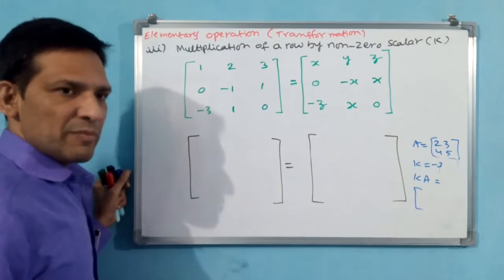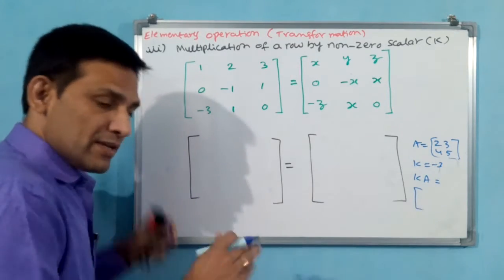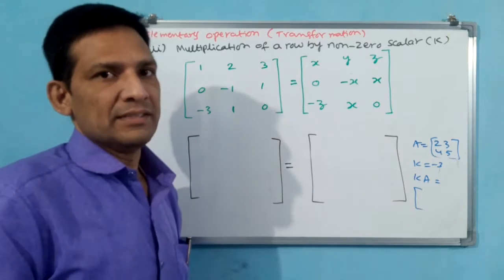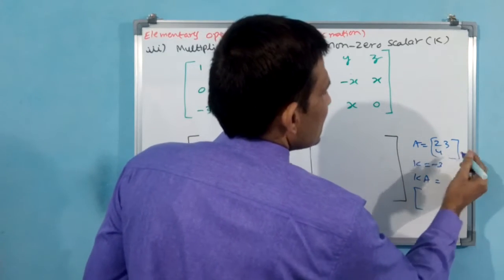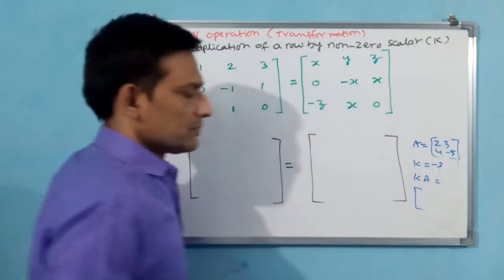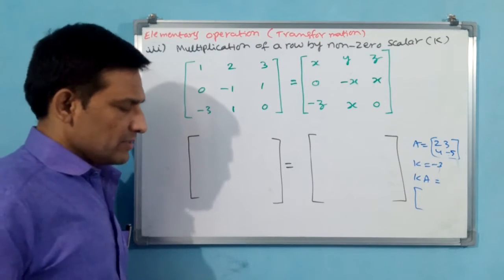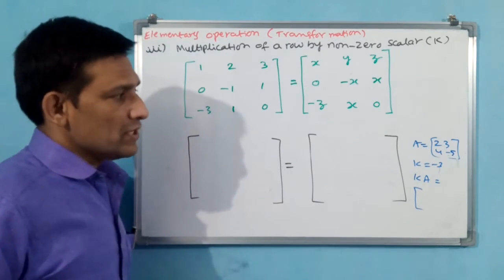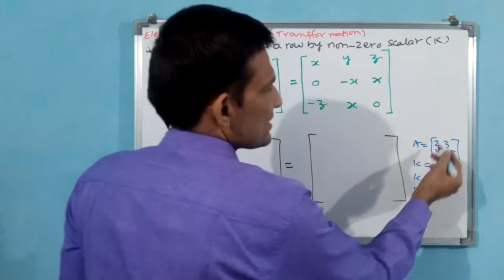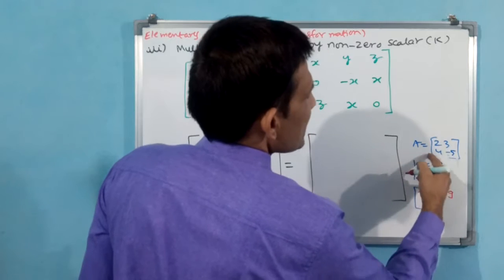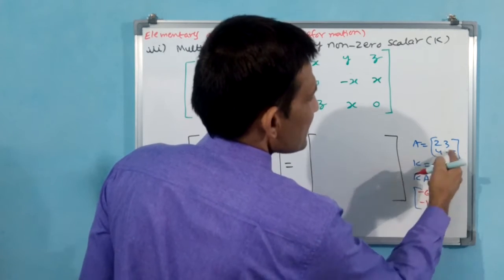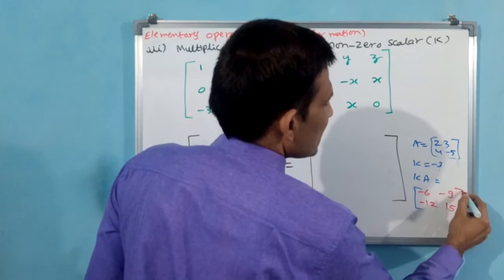I take minus so you can understand easily. Even inside we will keep 1 or 2 minus, say this is -5. Now kA: -3 into 2 is -6, -3 into 3 is -9, -3 into 4 is -12, -3 into -5 is 15.